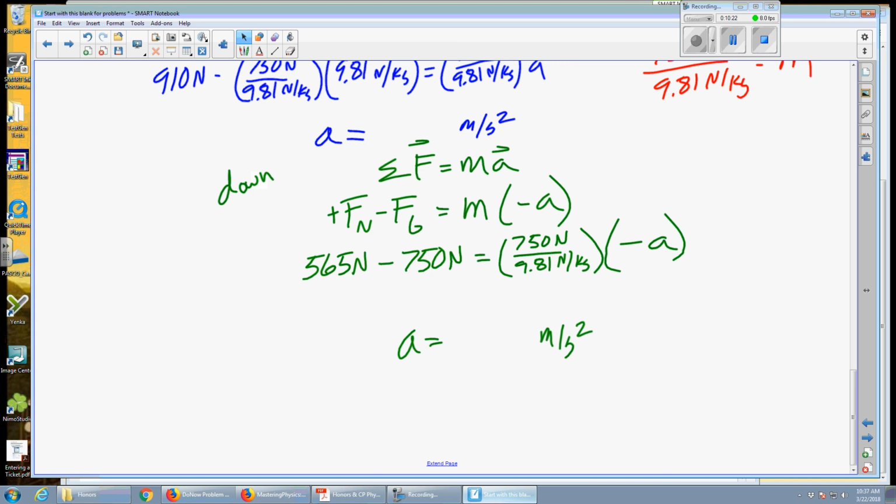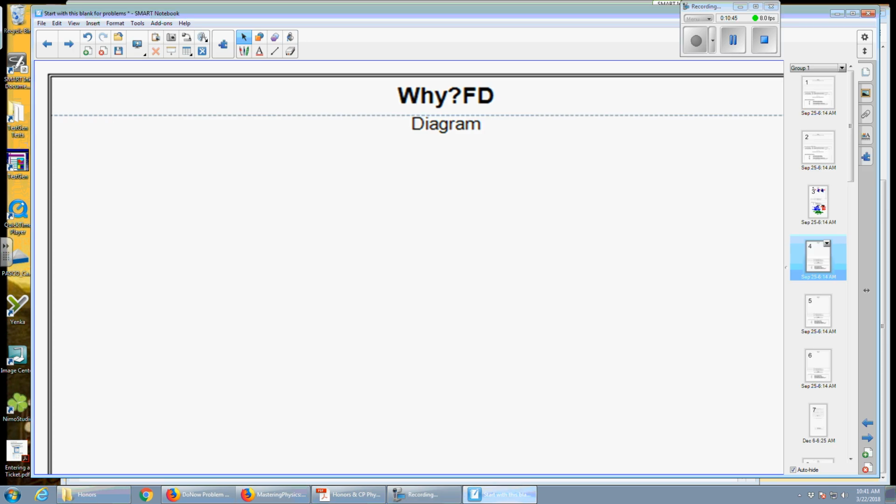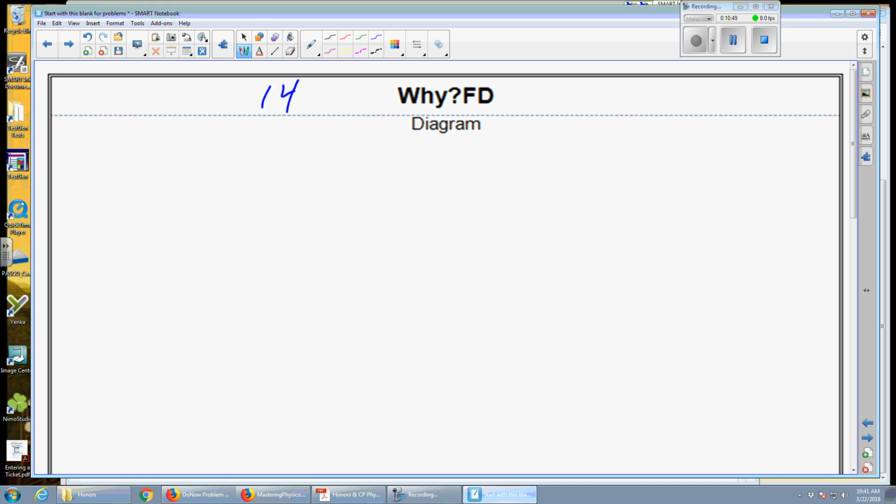Questions? All right, so 14, we've got a sprinter that accelerates horizontally and has a magnitude of this. How much force does the sprinter exert on the starting block at this acceleration? And this is another force diagram one.